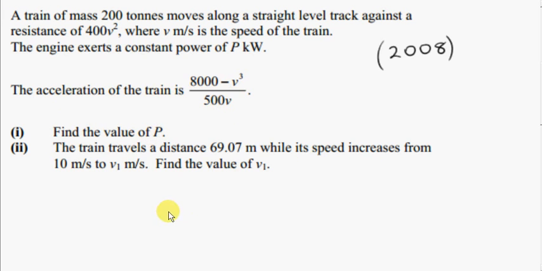Now I just want to go back over work and power. So consider a particle moving a very small distance, ds. We could also call it dx. I'll use ds here because we often use s for distance.